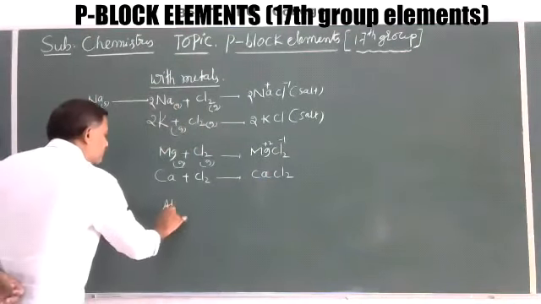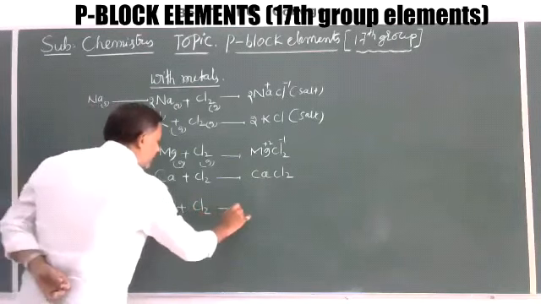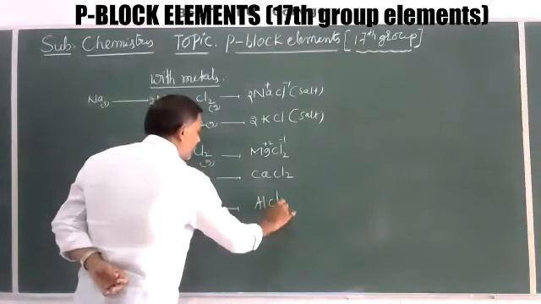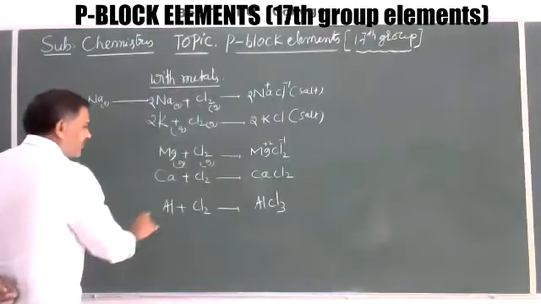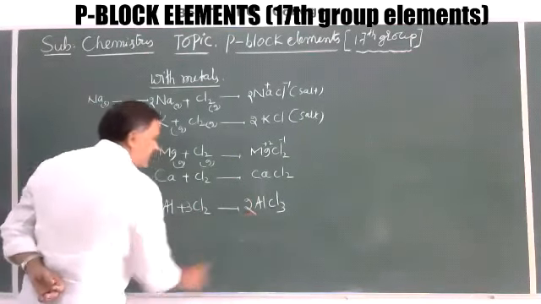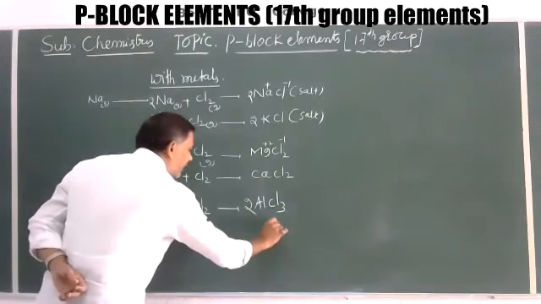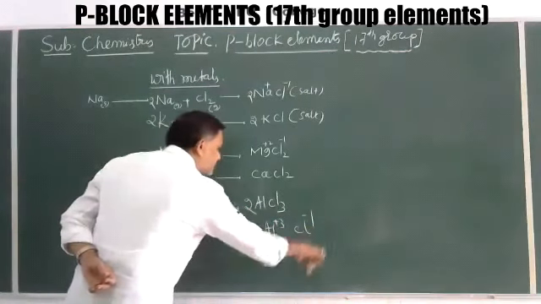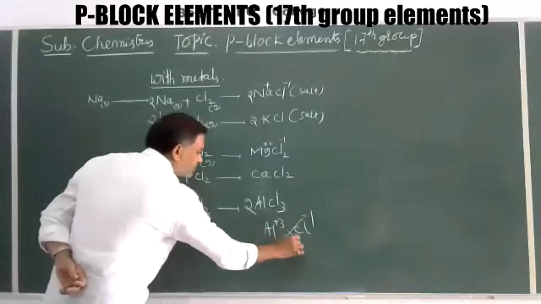Now aluminium reacts with chlorine, giving AlCl3, aluminium chloride. Here take 2 moles, 3 moles, 2 AlCl3. Al is +3 and Cl is -1 by the crisscross method.